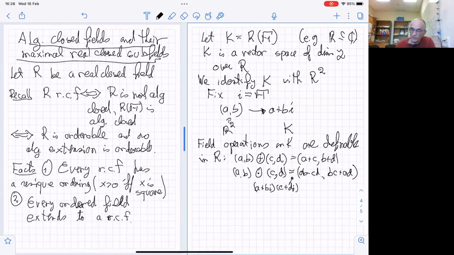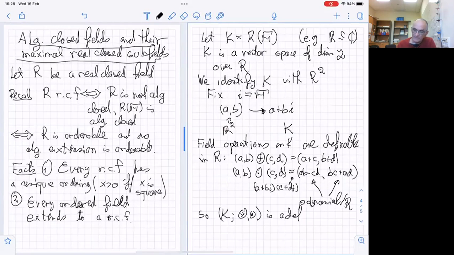And these are polynomials, right? These are all polynomials in R, over the real closed field. So what we got model theoretically is that K, plus and times, is a definable field in R, plus and times.